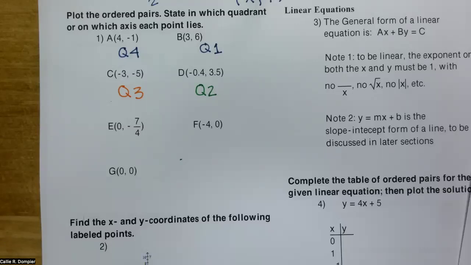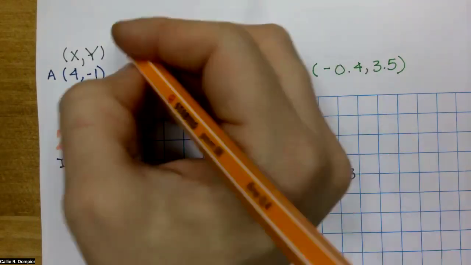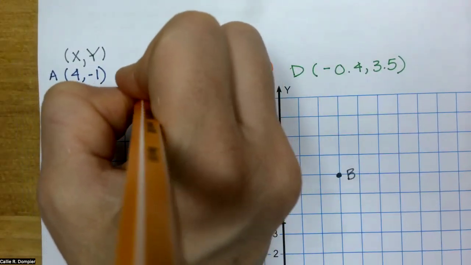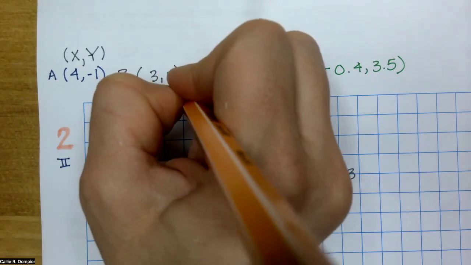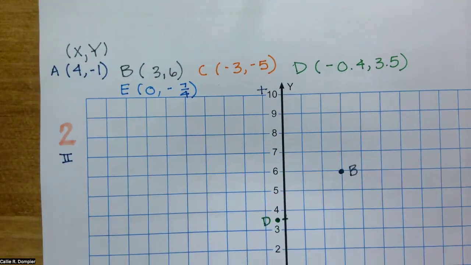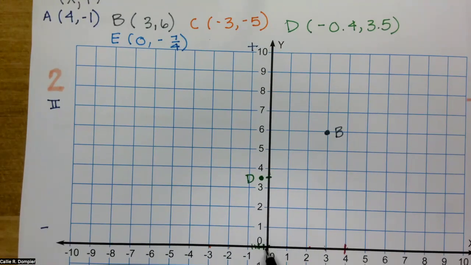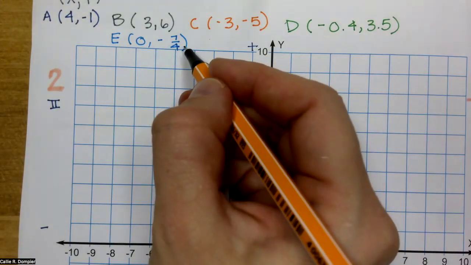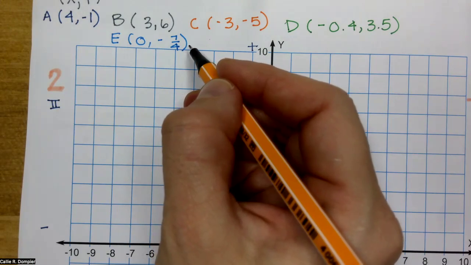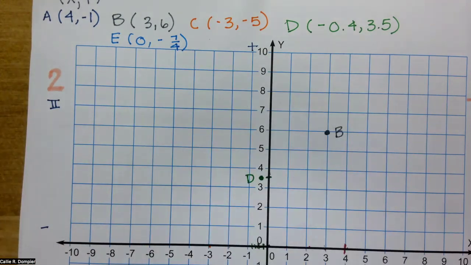Letter E is 0 and then -7/4. The x value is 0. The y value is -7/4. I want you to think about what 7/4 is as a mixed number. You can again use Desmos if you'd like.